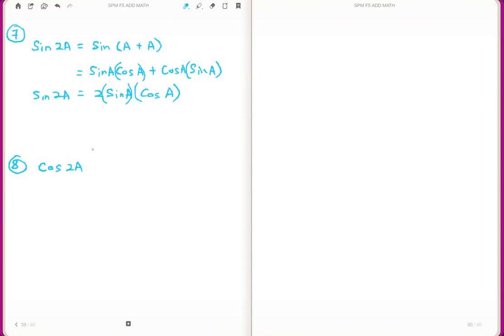Now this is something different, because cos 2A from the definition is, I think, worth doing.